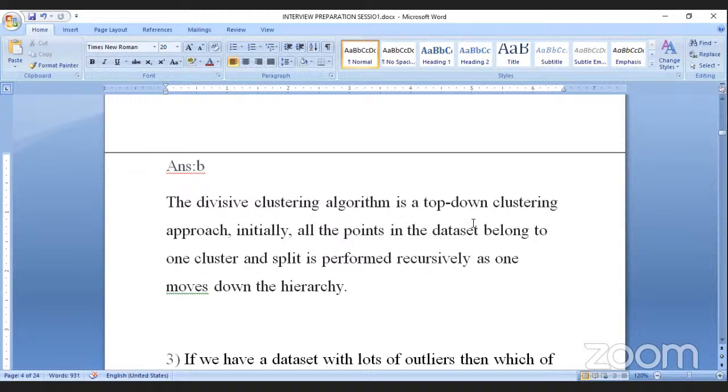Yes, friends, note it down. We can move to another question.